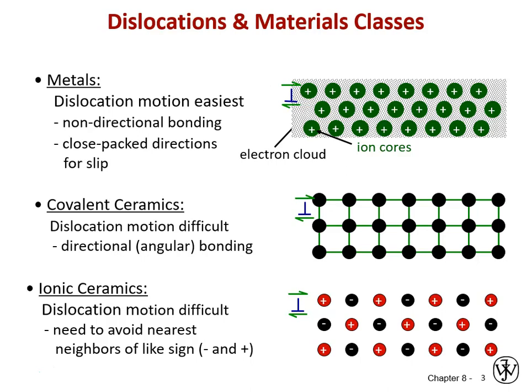So as the dislocation goes through its point of maximum energy, not only are we moving atoms out of their equilibrium position according to our potential energy well, and increasing the strain energy between them, we're also encountering a tremendous amount of Coulombic repulsion, so it's kind of a double hit. And again, just as was the case of the covalent ceramics, this is going to lead to a situation where it's easier to create a new surface in the material than to move a dislocation, and so that means it's easier to fracture than to yield. So hence the brittle nature of most ceramic materials.